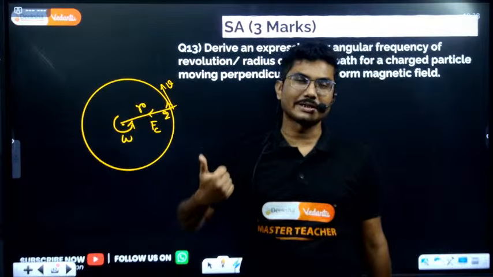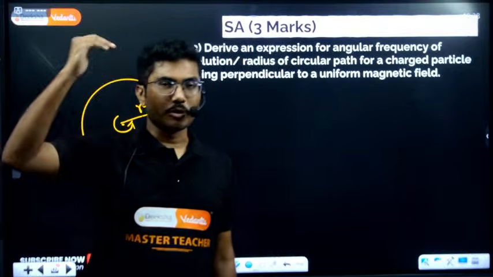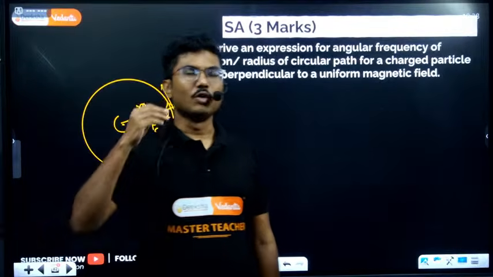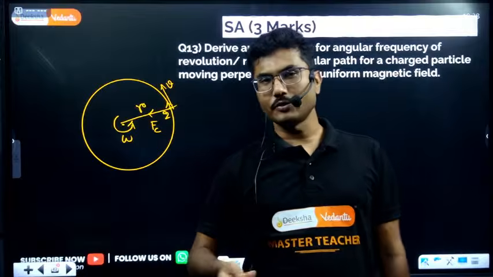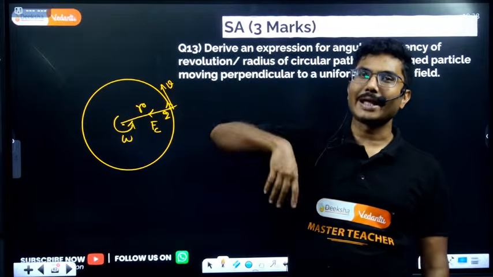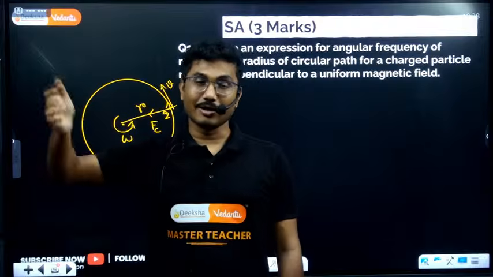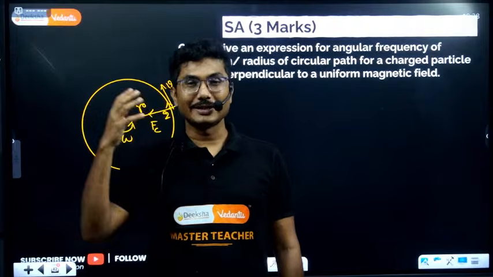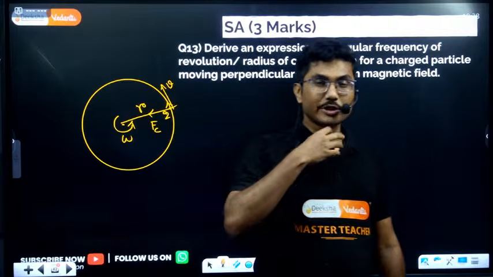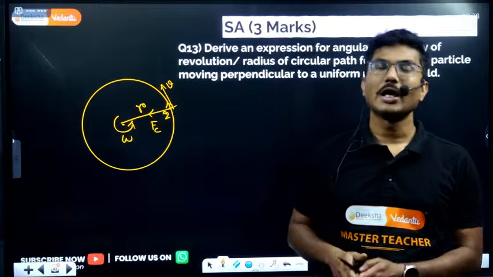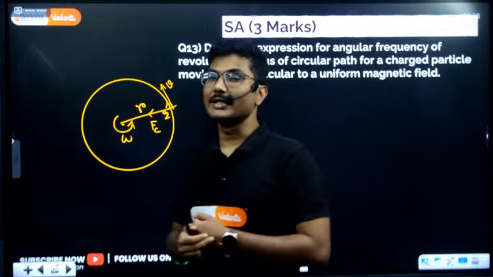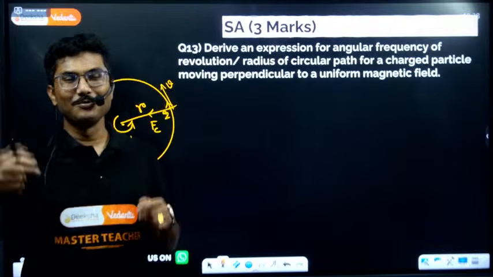One very common example: the satellites which are orbiting around the earth. Who is providing the required centripetal force? We are not able to supply enough fuel to these satellites constantly, right? So it is rotating automatically. So who is providing the required centripetal force? Gravity is providing the required centripetal force. So the motion is free.